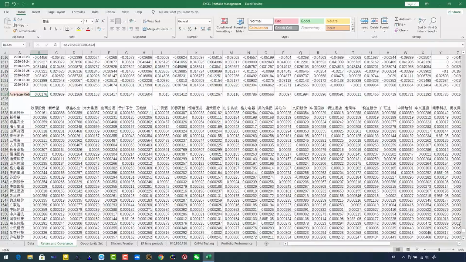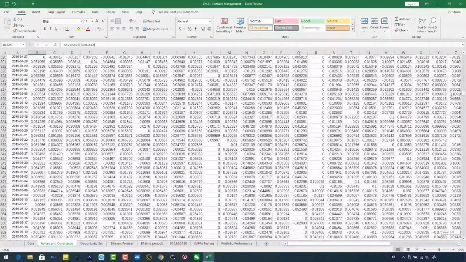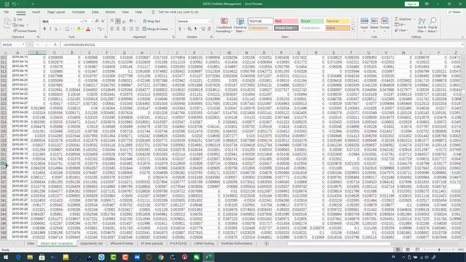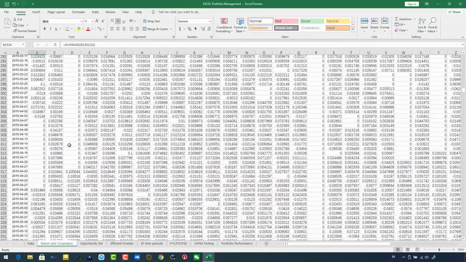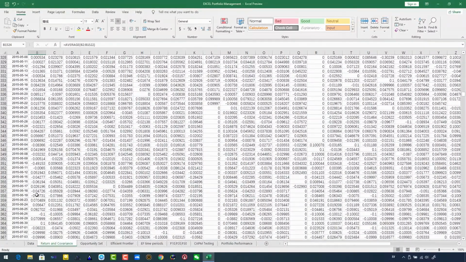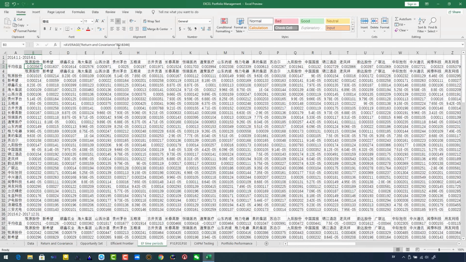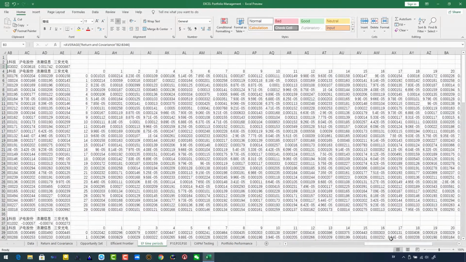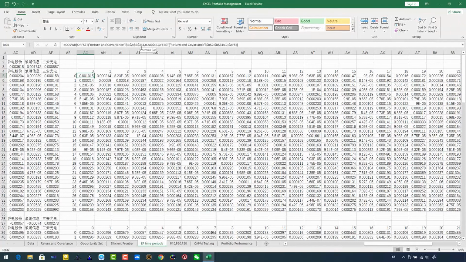But now for this subperiod, we only include the first half of 2015. So we only have B2 to B344. So that's the expected return. And also for the variance covariance matrix, we also use B2 to B344. So that's the difference.